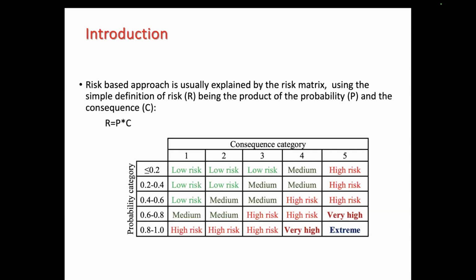In these 25 matrix spaces, we go from low risk to extreme risk, depending on these values. 5 times 5 is the usual way of doing it, but it can be 3 by 3 or 7 by 7, or whatever you think it should be.